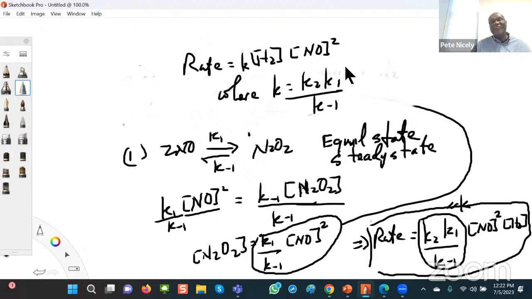And therefore, the mechanism is indeed consistent with this rate law. All right. Okay. Any questions about this?